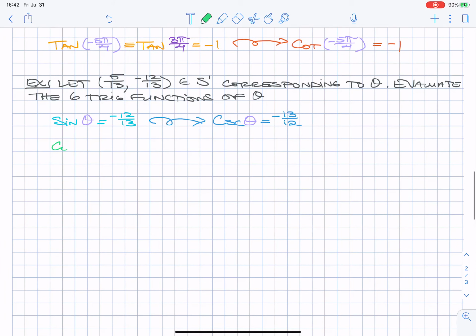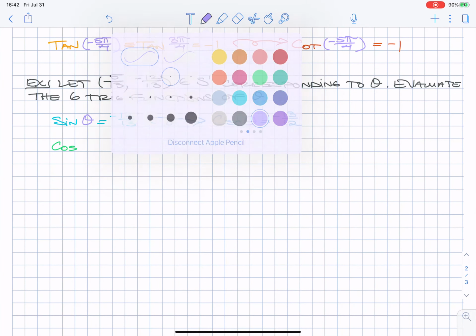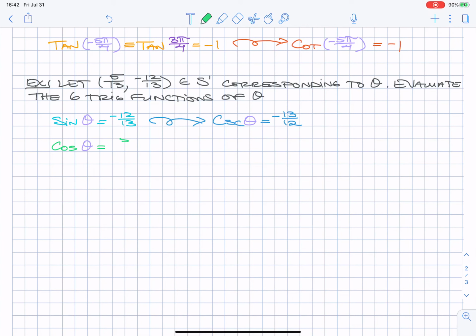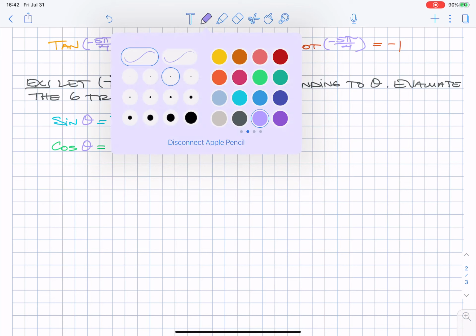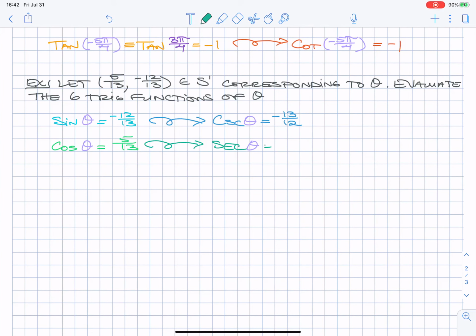Cosine of the angle theta, well, cosine is the x-coordinate, so that's going to be 5 over 13. So the reciprocal function, secant of theta, I am going to flip cosine upside down. So I get 13 over 5.